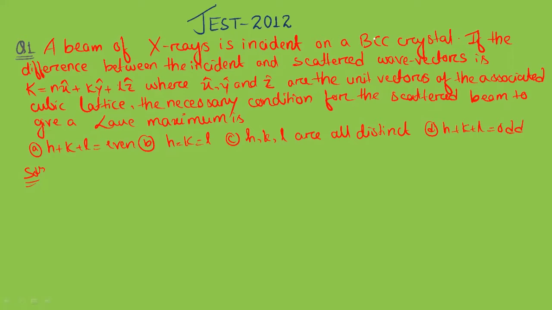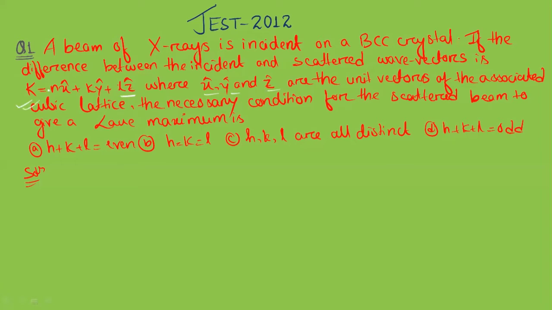Here it is said, a beam of X-rays is incident on a BCC crystal. If the difference between the incident and scattered wave vector is k = nx cap + ky cap + lz cap, where x, y, and z cap are the unit vectors of the associated cubic lattice, the necessary condition for the scattered beam to give a Laue maximum is. So the question is actually very direct.